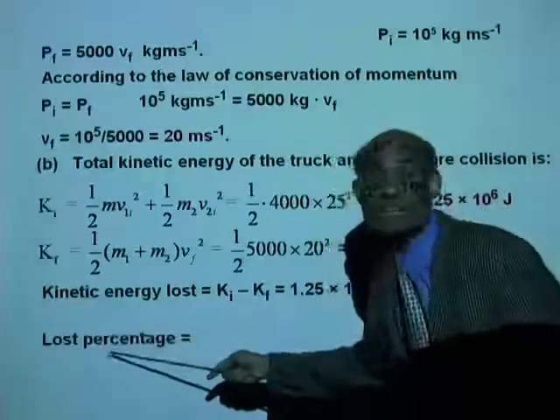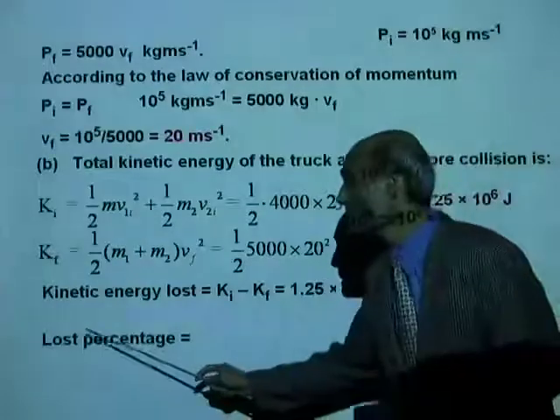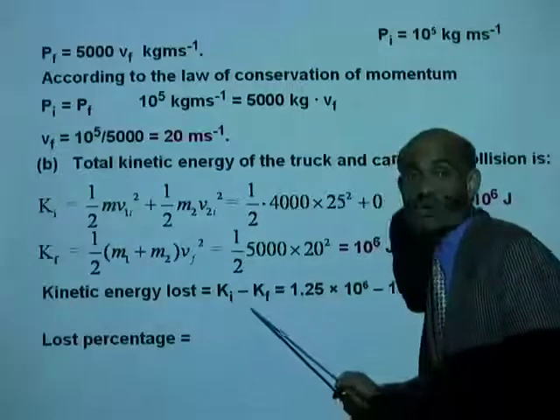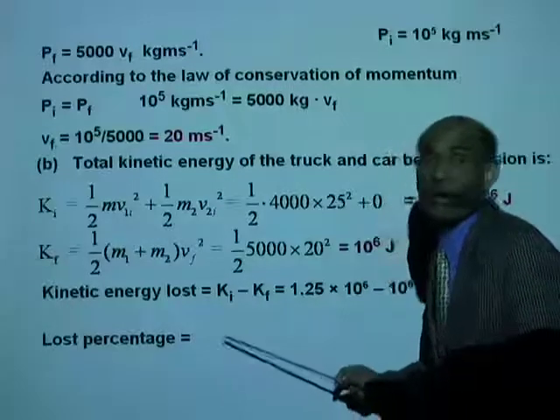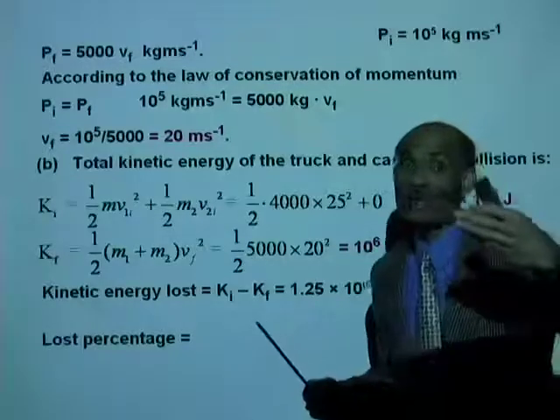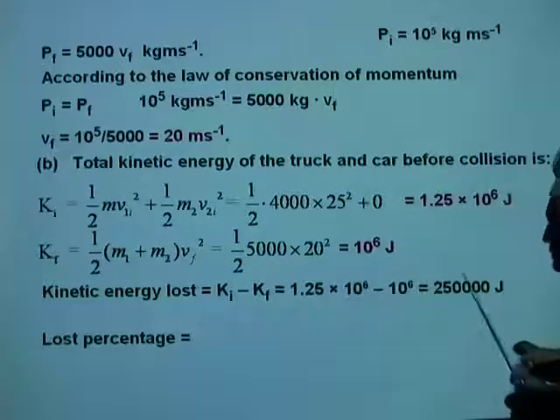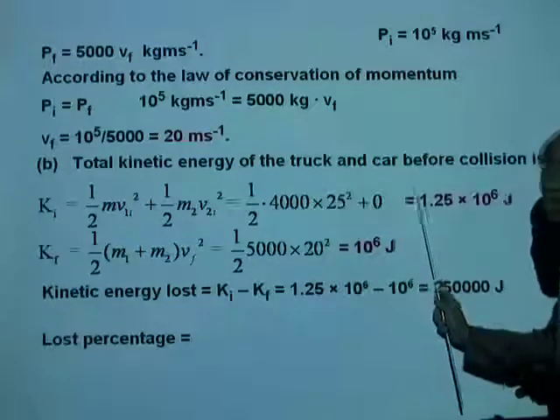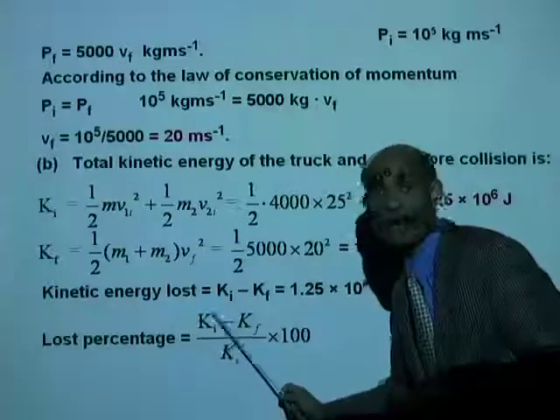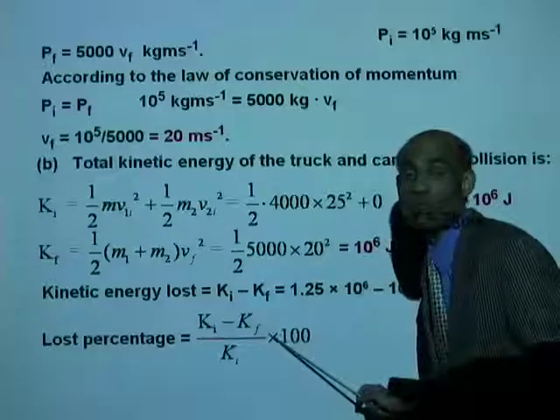What is the percentage of kinetic energy lost? Now, how do you write the lost percentage? It will be the amount lost divided by the original value multiplied by 100. That's how you calculate the percentage lost. Look at that: Ki minus Kf over Ki multiplied by 100.